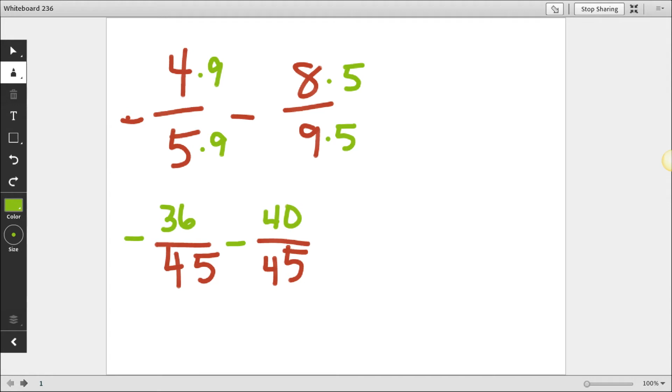So then to subtract this, I'm going to use the rules of subtraction. We're going to keep, change, change. Signs are the same, so we're going to add them together. So 36 plus 40 is 76 over 45.